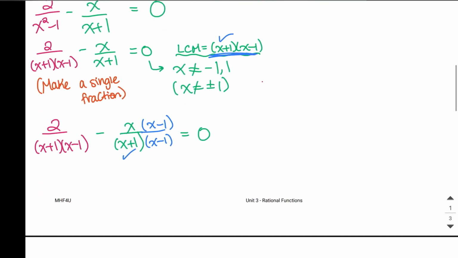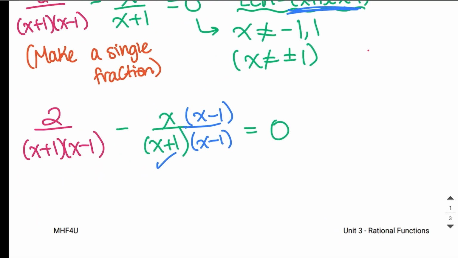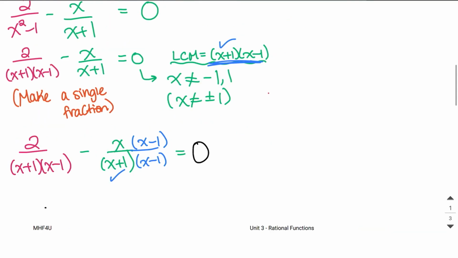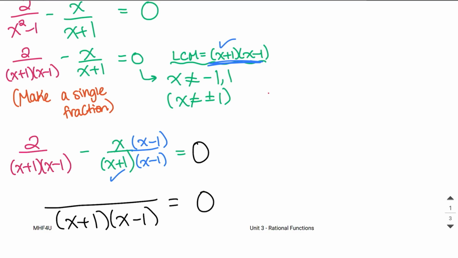Okay, so now that I've done that, I'm actually going to put this all together into a single fraction now that our denominators are common. So now, because they both have the same common denominator, I can put them together into the same fraction. So I've got x plus 1 and x minus 1 in the denominator. I just copy down this 2.